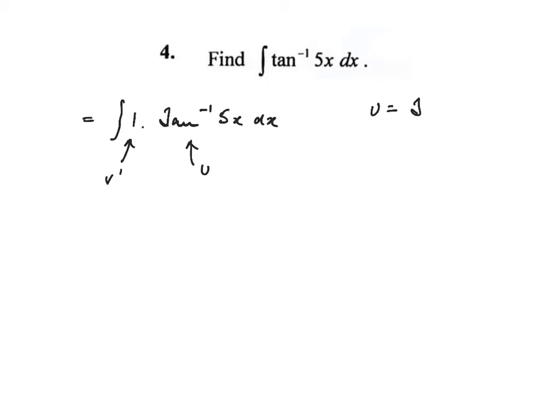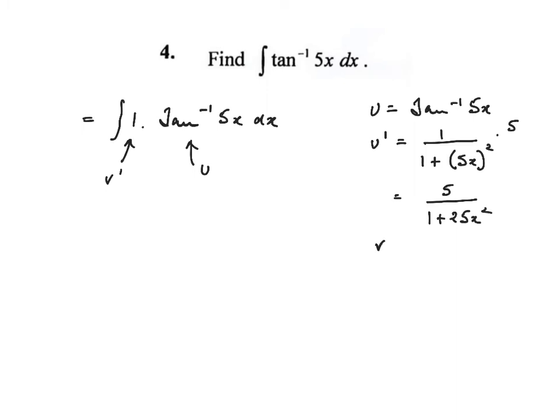U equals tan to the minus 1 of 5x, and u dash is 1 over 1 plus 5x all squared times the derivative of 5x, which is 5, over 1 plus 25x squared.